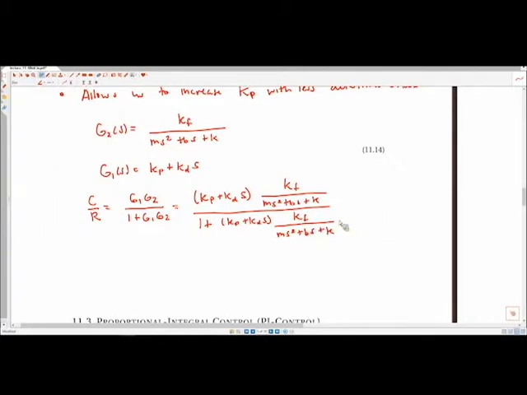Okay, so this would be just adding these transfer functions in, and then if we want to simplify this, we multiply top and bottom by ms squared plus bs plus k.